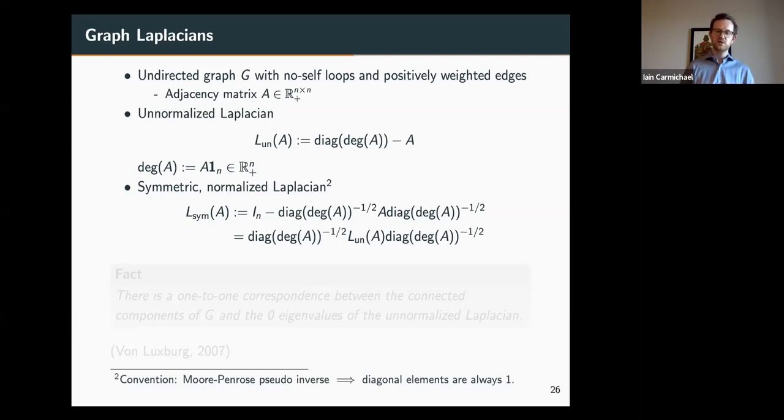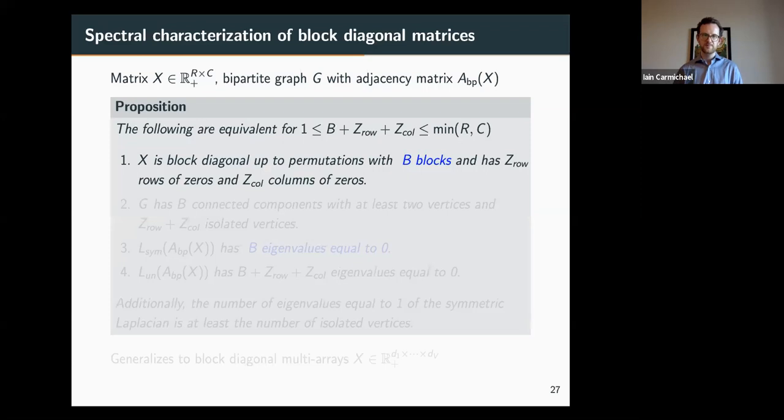This corresponds to using the Moore-Penrose generalized inverse in this inverse right here. I should say this convention is not always followed, and so the proposition I'm going to give later will look a little different than if you look at, for example, the famous von Luxburg spectral clustering tutorial. So we have the unnormalized Laplacian and the symmetric Laplacian. Okay. So now here's the important result connecting block diagonal matrices to the Laplacians.